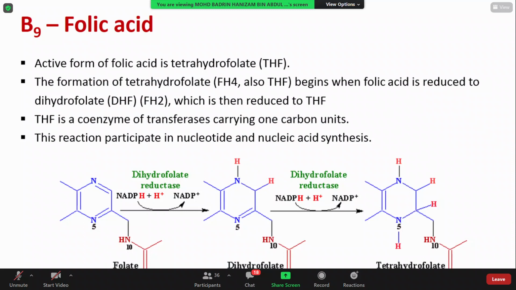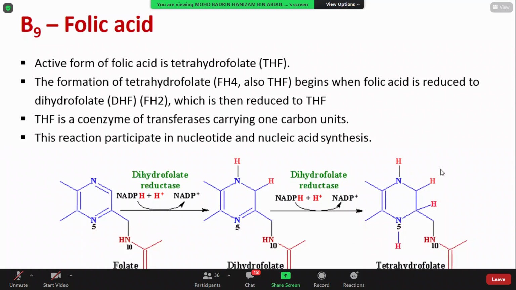You can see the structure here, hydrogen, and then once the body forms dihydrofolate, it needs to be converted to tetrahydrofolate by, again, the same type of enzyme, dihydrofolate reductase, forming tetrahydrofolate.